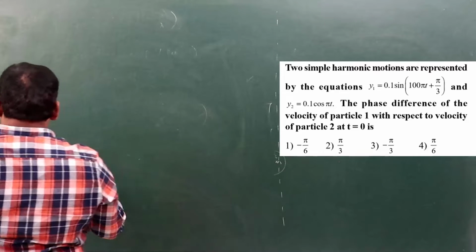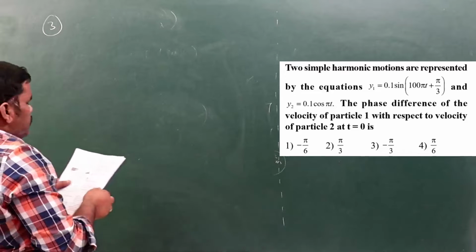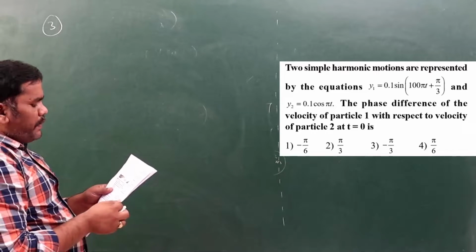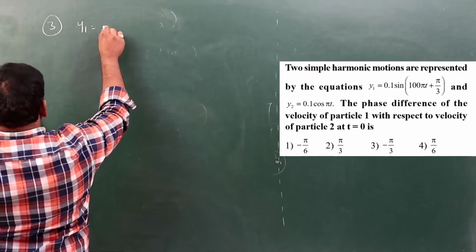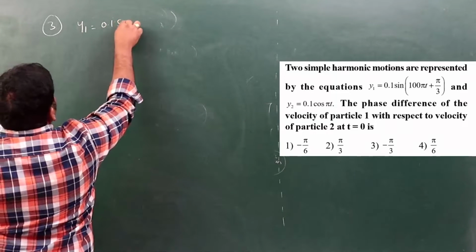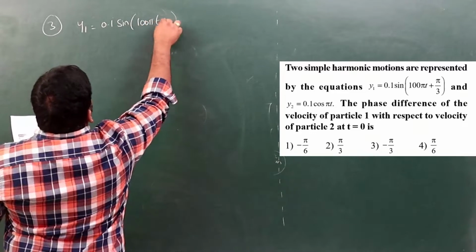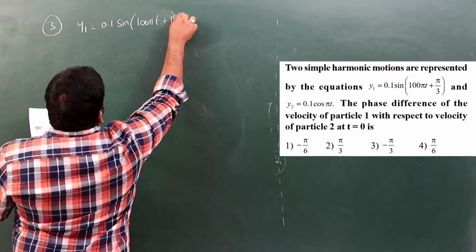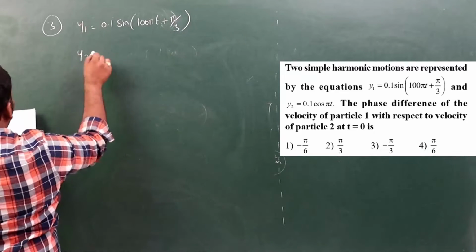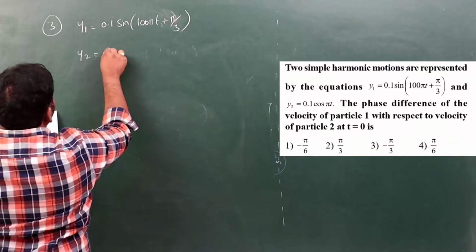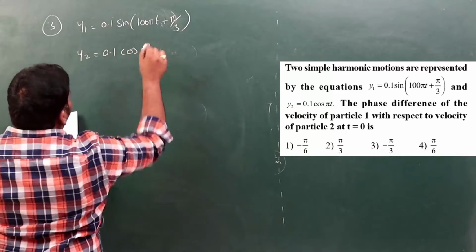Next, third question. Two simple harmonic motions are represented by the equations y1 is equal to 0.1 sine of (100 pi t plus pi by 3) and y2 is equal to 0.1 cos of (pi t).